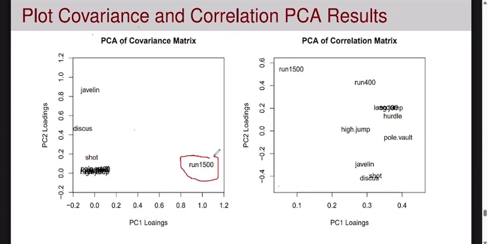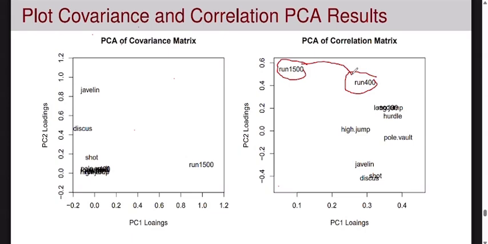Look at that. That has a high positive loading on PC1. Can you see that? High positive loading on PC1. If you take a look at that in the covariance matrix, and of course, if you want to talk about the correlation matrix as well, you are going to see that run 100, run 400, and maybe this one too, they actually load high too.